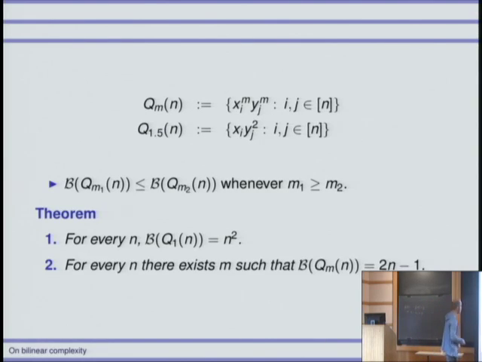The second point is that for every n there exists an m, which may be potentially very large, such that the bilinear complexity is 2n minus 1. This is related to the question that Zev asked, and it arises from taking not the ideal, but the radical of the ideal instead. I will give you an outline of the proof in a moment.